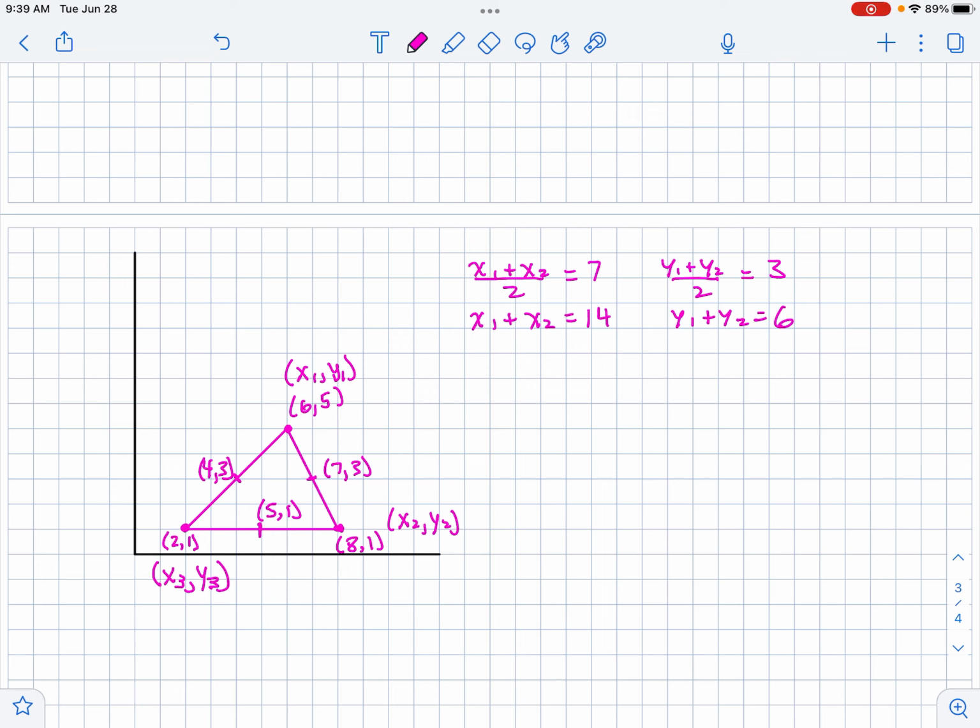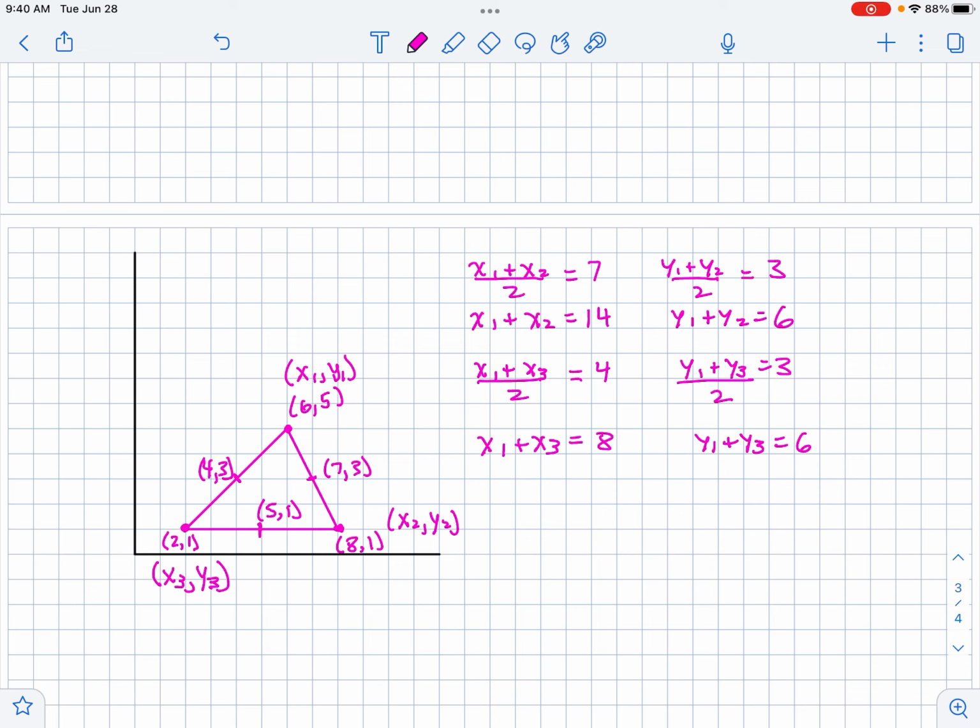Okay, now we want to do this for every pair of points. I did it for x1, y1, x2, y2. Now let me do it for x1, x3. I'm going to find that midpoint, and I see that's 4, because I'm doing this point and this point. So that has to equal 4. And then y1 plus y3, divided by 2, has to equal 3. So here's what we've got: x1 plus x3 equals 8, and y1 plus y3 equals 6.